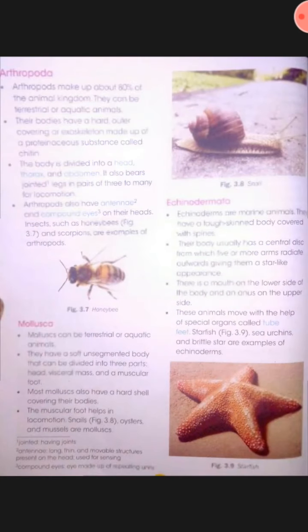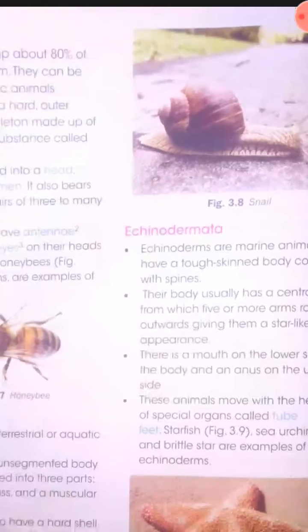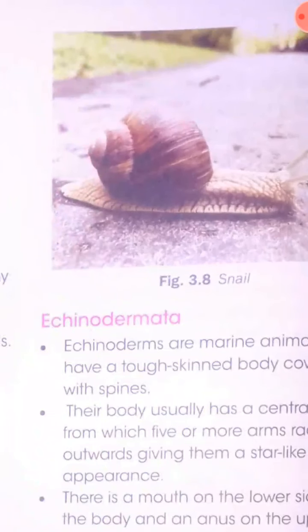The scientific name of snail is Pila globosa. Snail looks like a shankh in Hindi, but a worm is inside it.